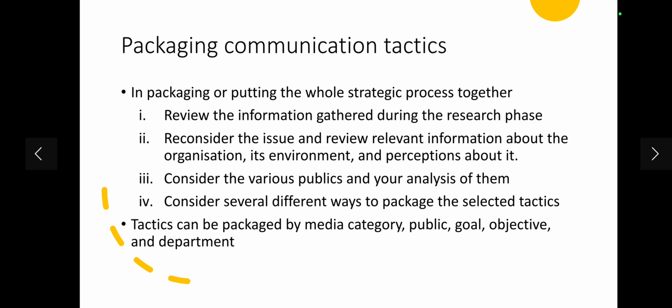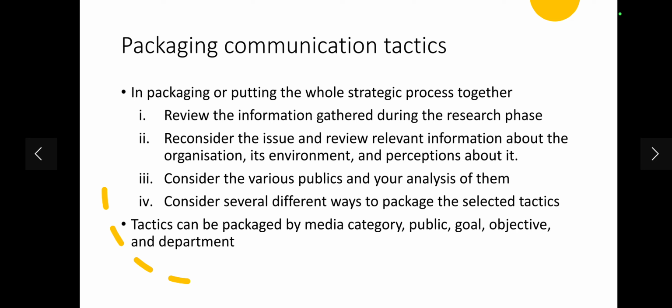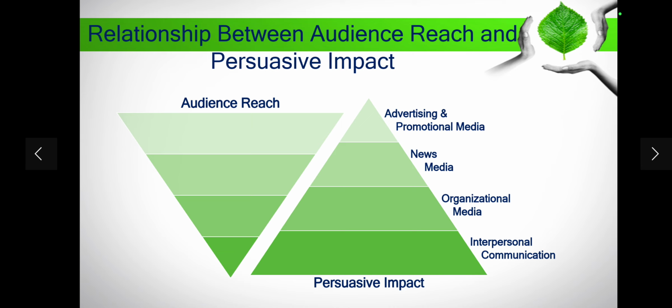So when you look at the last bullet, it says tactics can be packaged either via media category, via publics, via goals, via objectives, or via department. When we say you can package it via media category, look at this screen again: advertising and promotional media.